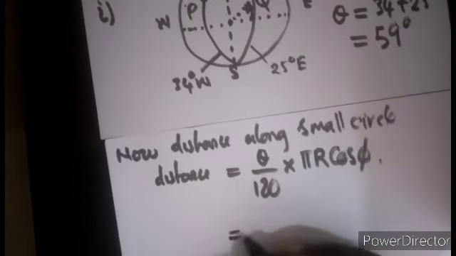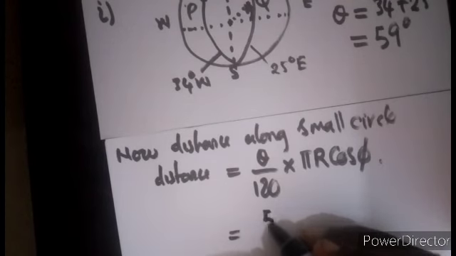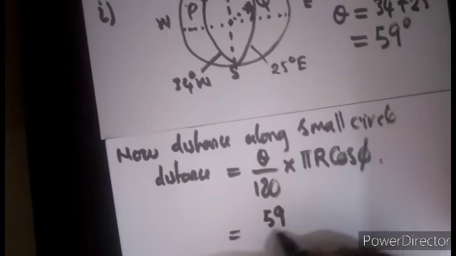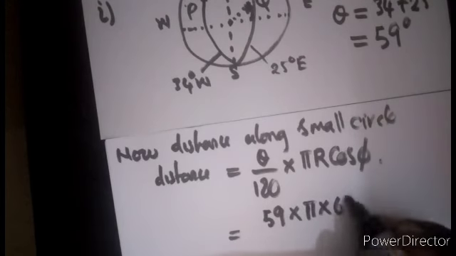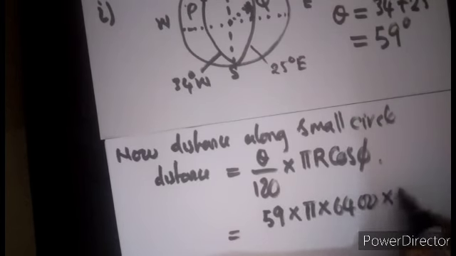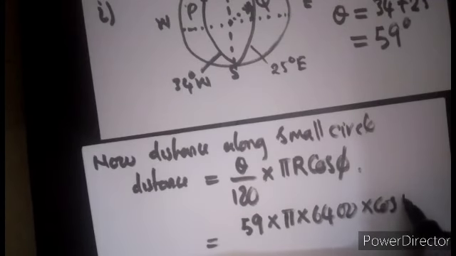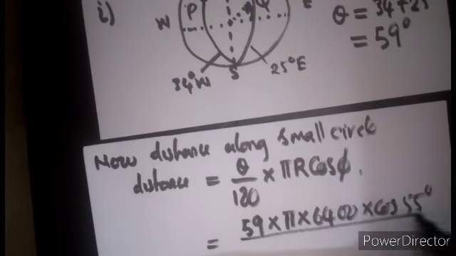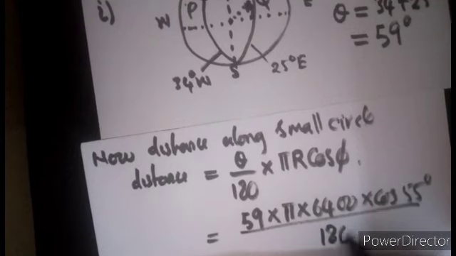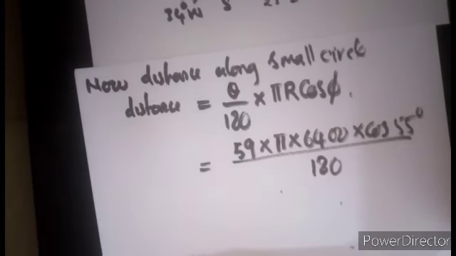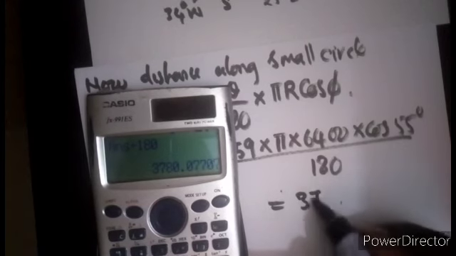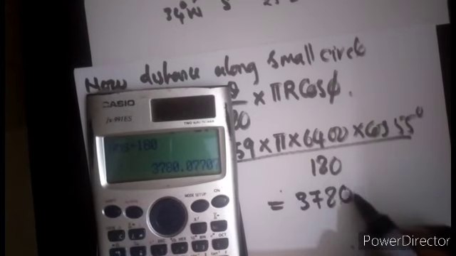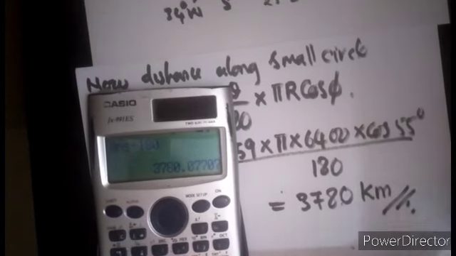That is, we have 59 times pi times 6400 times the cosine of 55 degrees, all of this over 180. So this gives us kilometers.